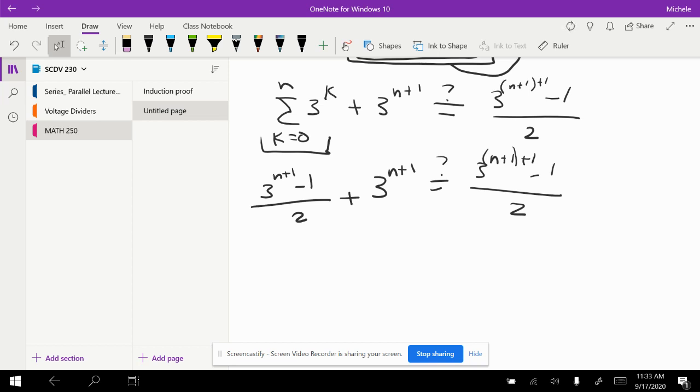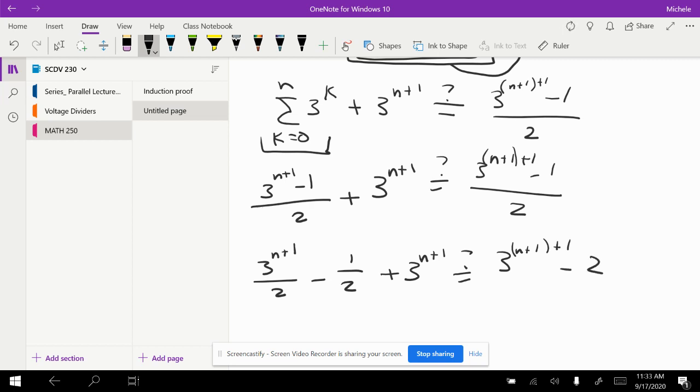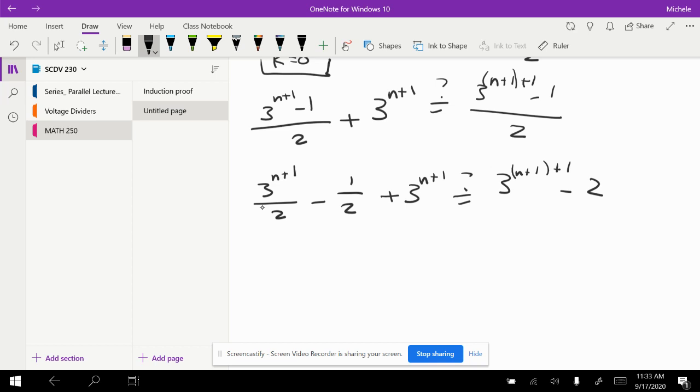So here I can say that I have 3 to the n plus 1 over 2 minus 1/2, right? I'm just taking half of the 3 to the n plus 1 and half of the 1. So plus 3 to the n plus 1. Does it equal 3 to the n plus 1 plus 1 minus 1 over 2? And so I can see that these are similar, so I'm going to get a common denominator.